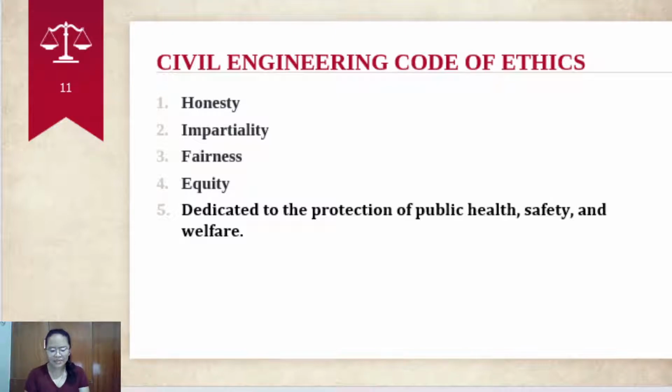Equality is when everybody gets treated the same, while equity is everybody gets what they need based on their own situation. Then fifth code of ethics is dedicated to the protection of public health, safety, and welfare.